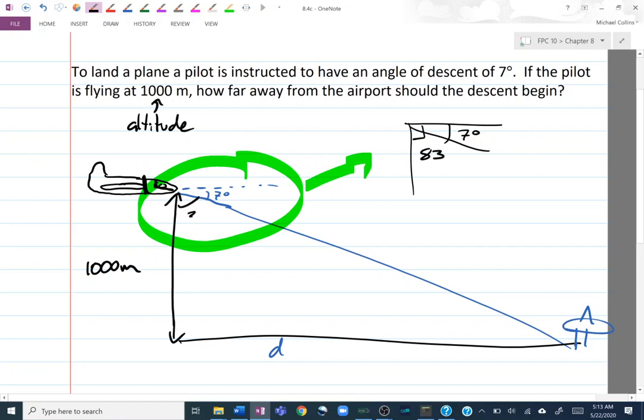So this angle in here is 83 degrees. The way I did that again is a 7 plus something is going to be equal to 90. Subtract 7 from both sides, which I did in my head, and I got that x is equal to 83.